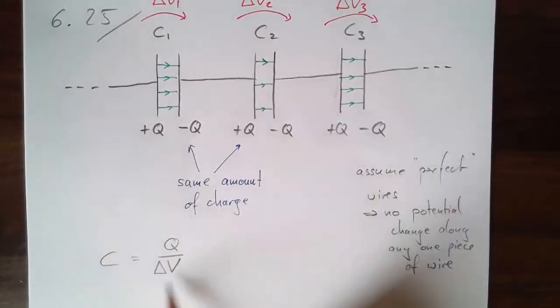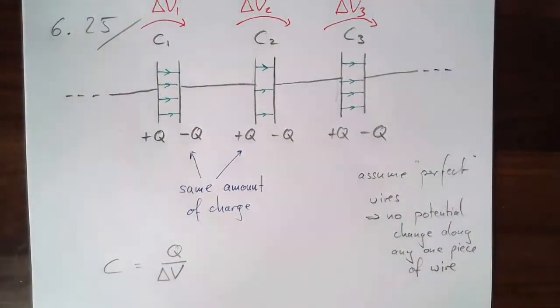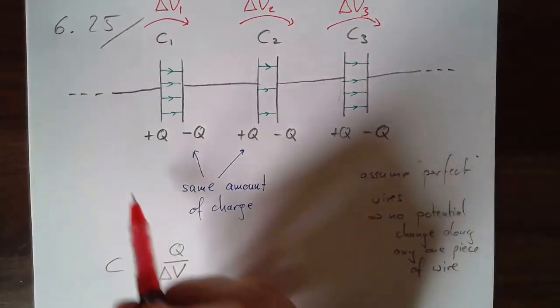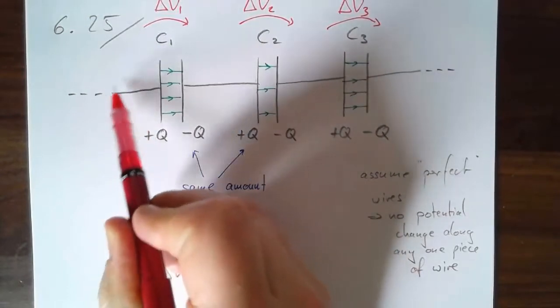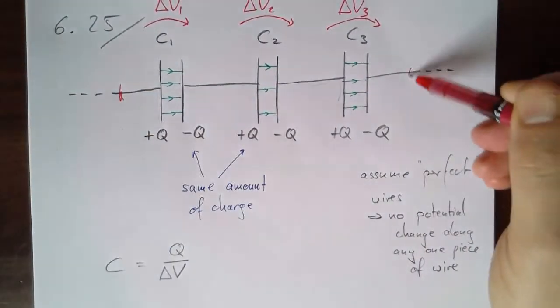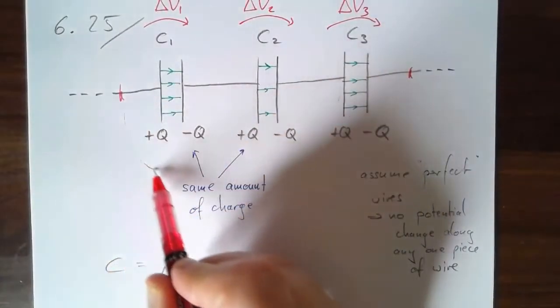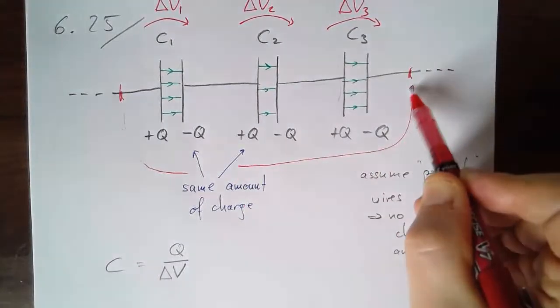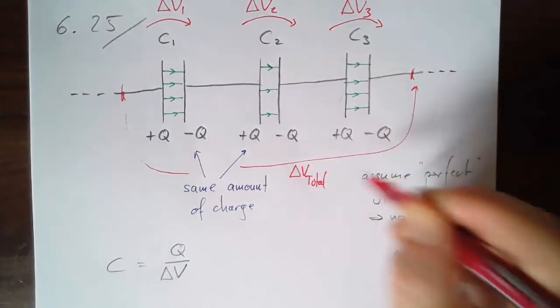Okay, so capacitance is defined as charge per delta V. So we've got 3 delta V's, and then the combined capacitance of those is essentially saying, what is the total potential difference from here to here? You go from here to here, call this delta V total.